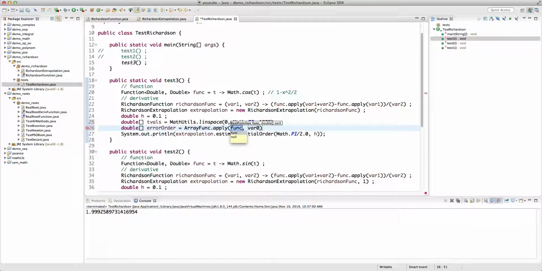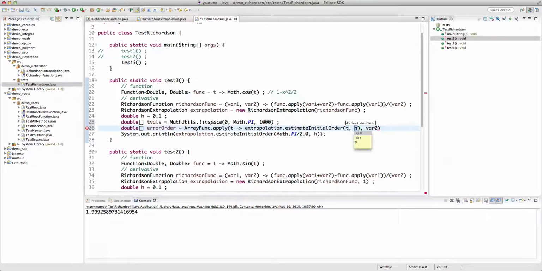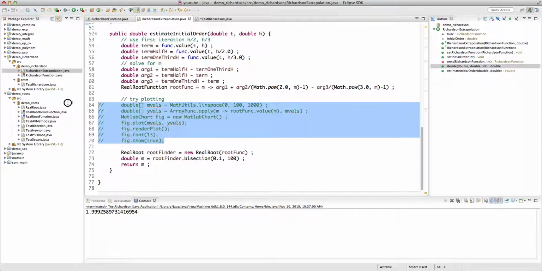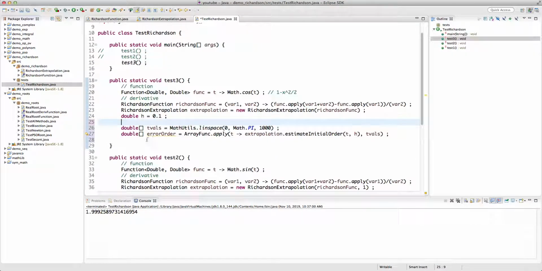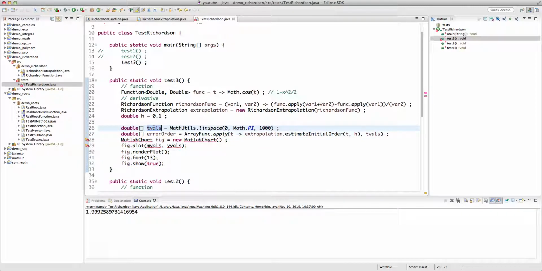Our real function is that t goes to Extrapolation.estimateOrder at t and h, and we're going to apply it to t-vals, and then we're going to do a plot here. So let's just copy all this code, create a MATLAB chart, fig, plot t-vals and error order. Let's import this. All right, let's see.